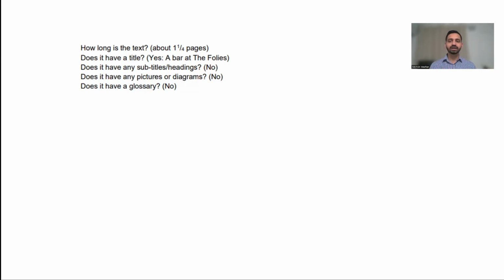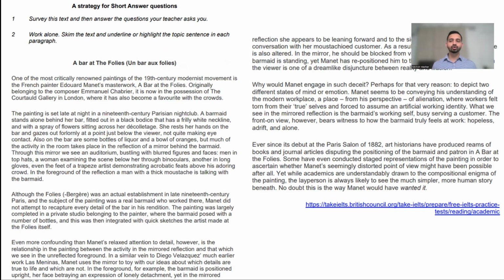It's about 1 1/4 pages, right? Does it have a title? Yes, it has a title. The title is A Bar at the Follies. Does it have any subtitle headings? No. Does it have any pictures or diagrams? No. Does it have a glossary? No.